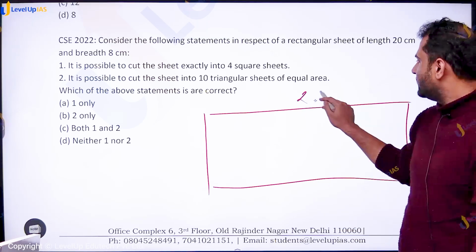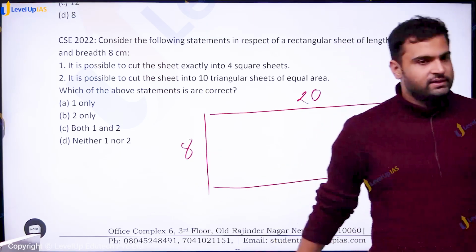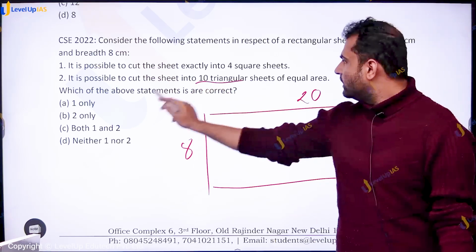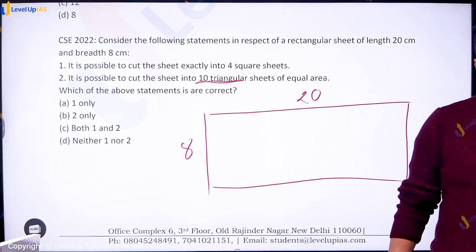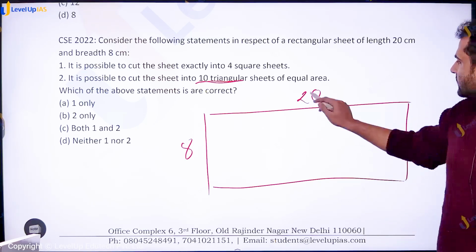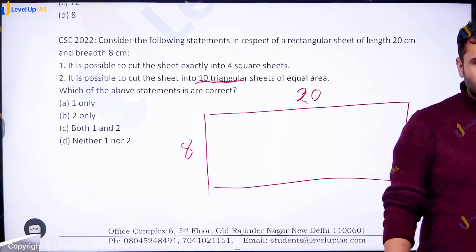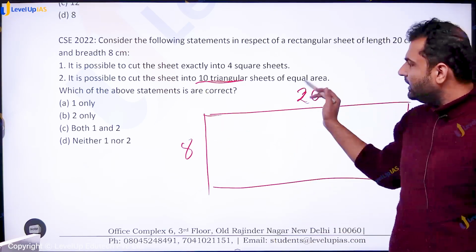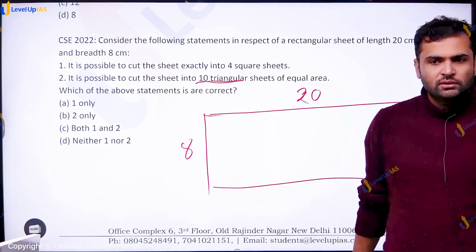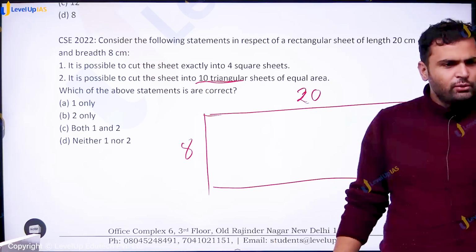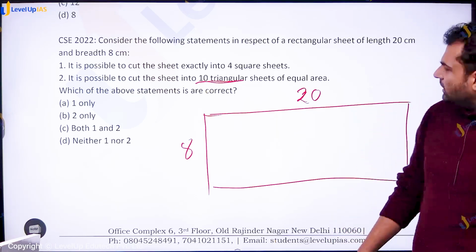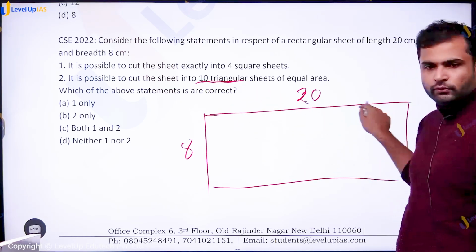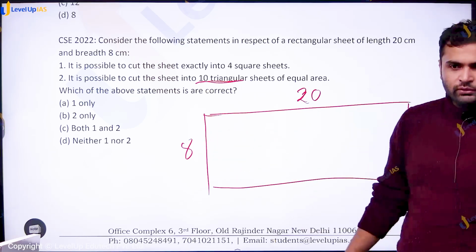Anyway, let us see. We have this 20, this 8. We want to talk about 10 triangular areas. So if you want 10, should I not divide this 20 into smaller pieces, maybe 4, 4 or 2, 2? If I divide this 20 into rectangles of 4, 4, 4, 4, I'll get 5 pieces.